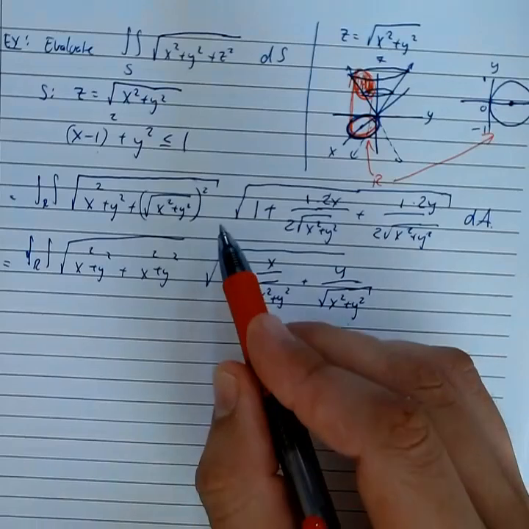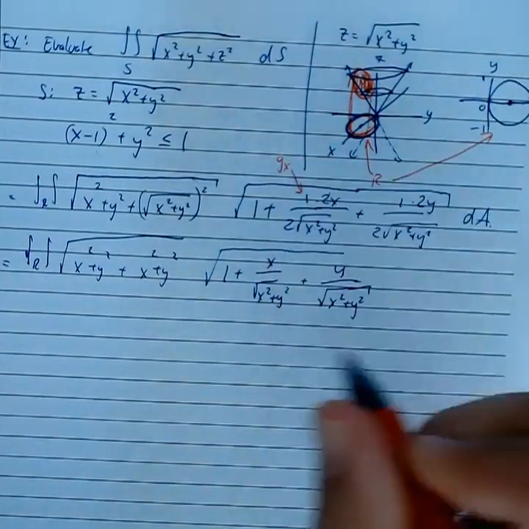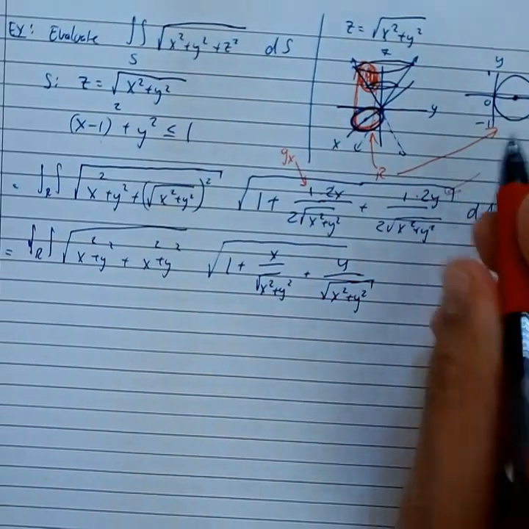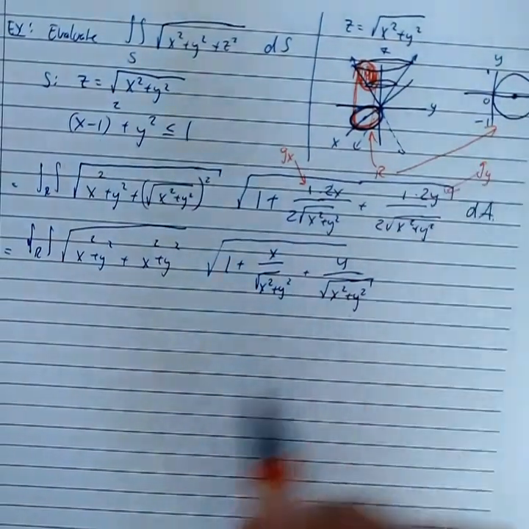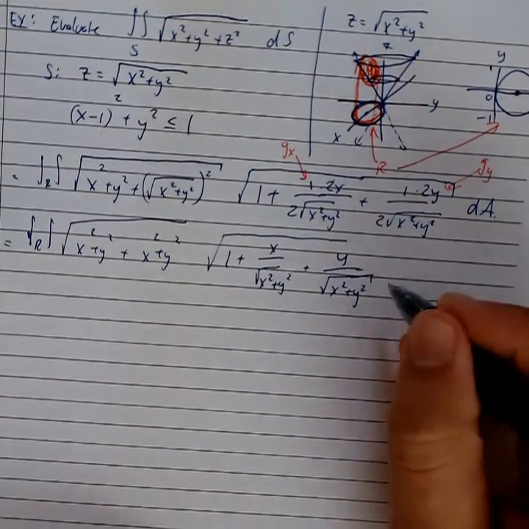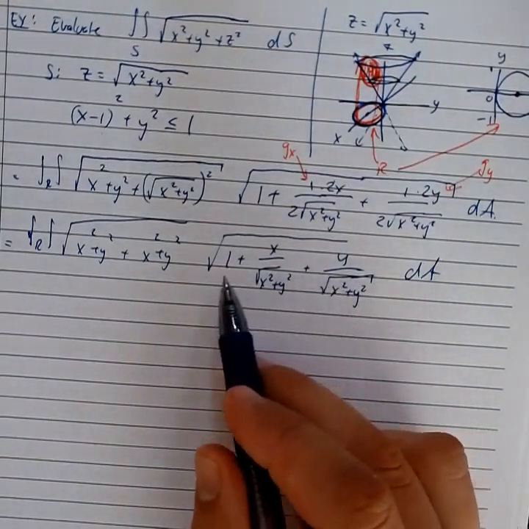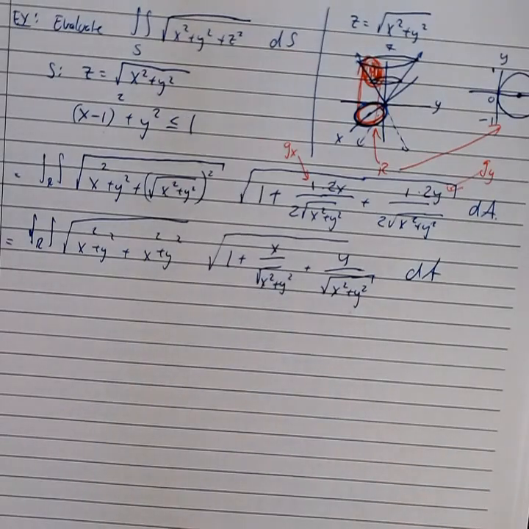Now over here, I have the square root of 1 plus, this is going to be g sub x, and this one's going to be g sub y. So 1 plus g sub x plus g sub y underneath the square root. And I'm going to now integrate with respect to A. Here I can simplify this just a bit more. If I give all of these a common denominator, things will be nice.